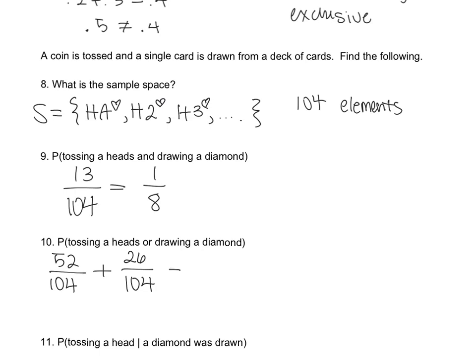So that's the probability of tossing a head and drawing a diamond. So there are 13 out of 104. So when we do 52 plus 26 and then minus 13, we're going to get 65 over 104, which then simplifies to 5/8. So again, a very good chance that if I toss a coin and then draw a card from a deck, one of them will be heads or a diamond, potentially both.